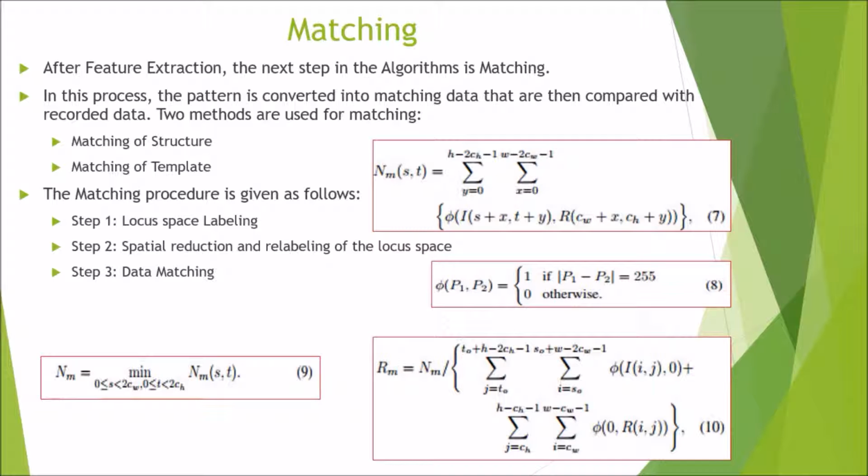When P1 is defined as the pixel value of one pixel and P2 as the other, phi can be described as can be seen in equation 8. The minimum value of mismatch Nm, which is the smallest, calculated under the condition that the template overlaps with the input matching data I(x,y) at all positions, can be defined as can be seen in equation 9. Using the definitions given above, the mismatch ratio Rm is defined as can be seen in equation 10.